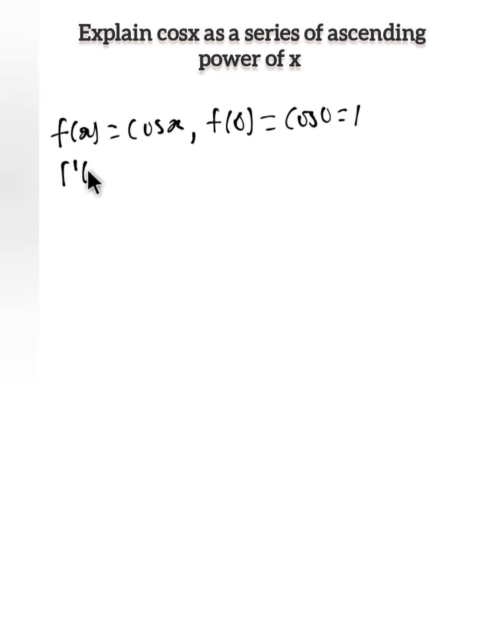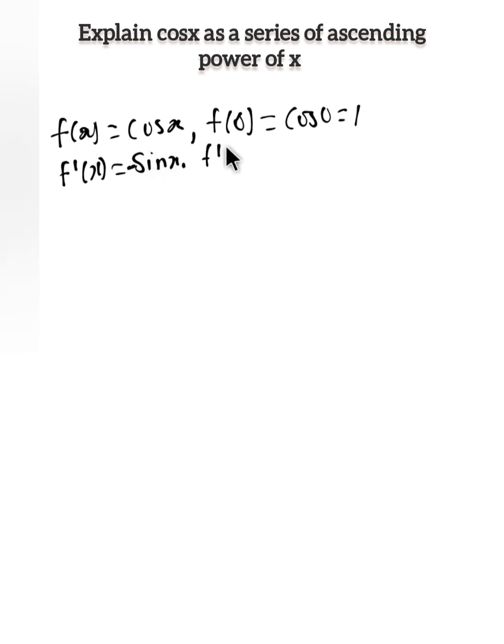In example 2, we're going to expand cos x as a series of ascending powers of x. So now we're dealing with cos x. So f of x is equal to cos x, and this implies that f of 0 is equal to cos 0 equals 1. f prime of x is equal to, if we differentiate cos x, minus sine x.